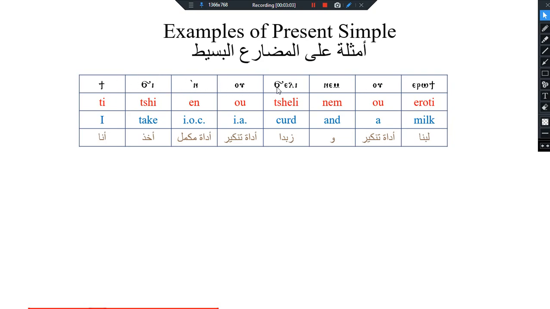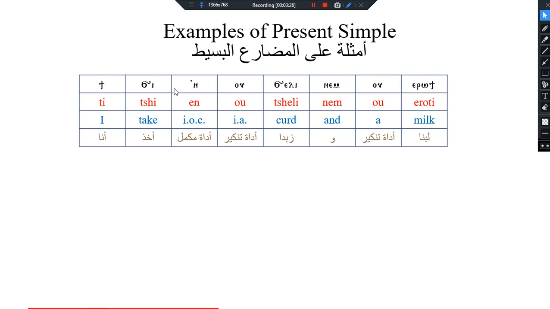Ti-chi en ou-celi nem ou-eroti. Ti, it means I; chi, take; en, indication of complement; ou, indefinite article; celi, it means curd; nem, and; ou, indefinite article; eroti, a noun, it means milk.